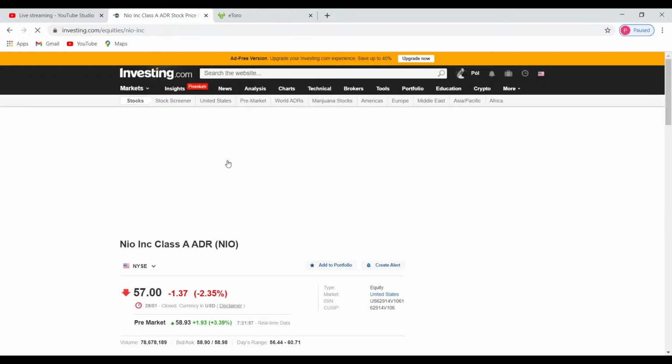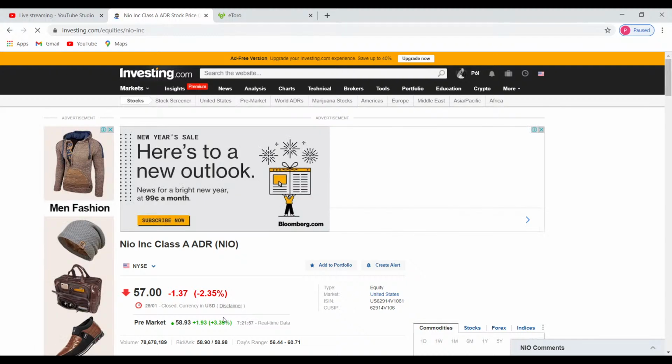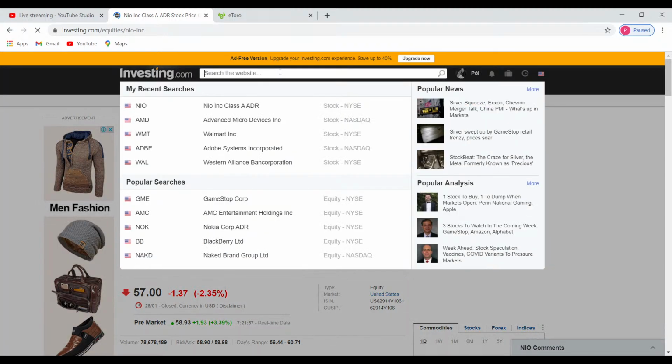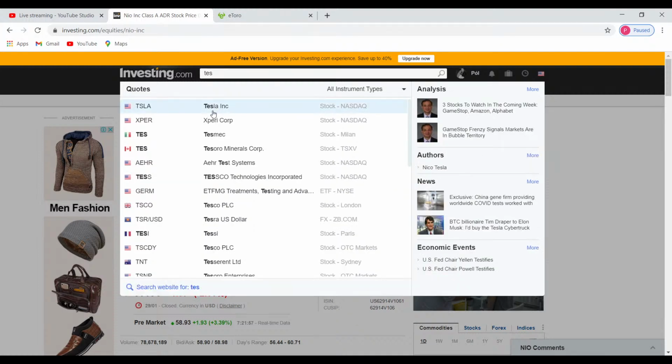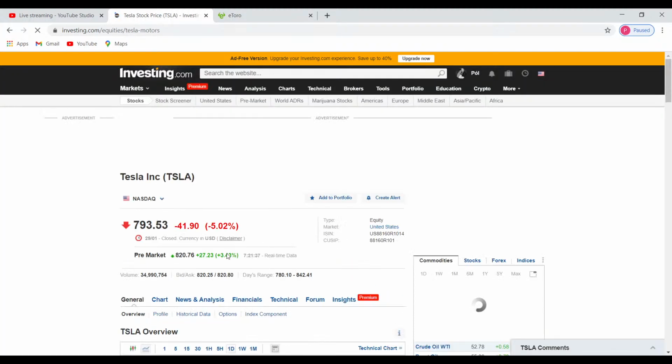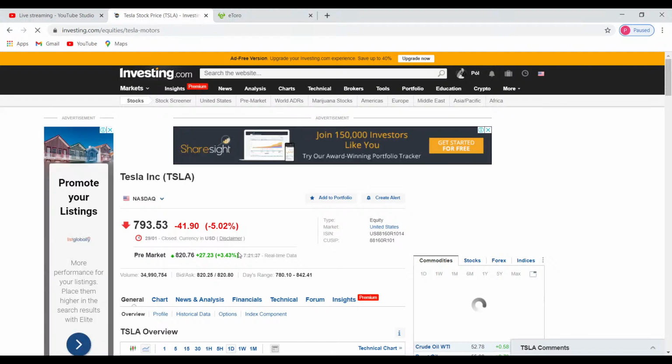For example, I made one in Neon. That is doing really well this morning. And the same goes for Tesla. Tesla is also doing really well this morning.